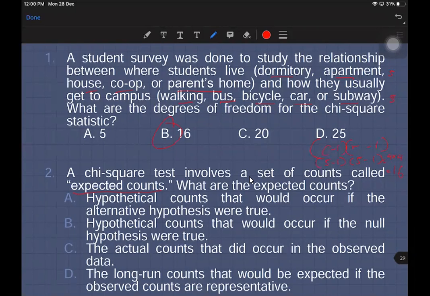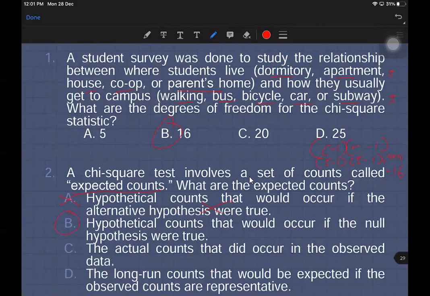The hypothetical count that would occur if the alternative hypothesis were true is wrong. The hypothetical count that would occur if the null hypothesis were true, the answer would be B.